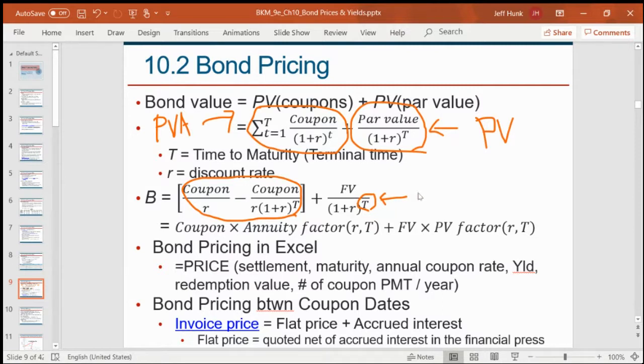So although T is 10 years, the N will be 2 times T, and time is usually the number of years.